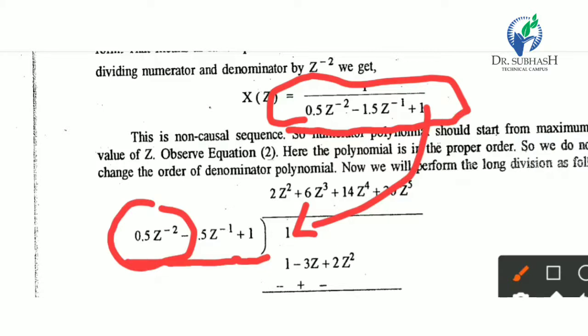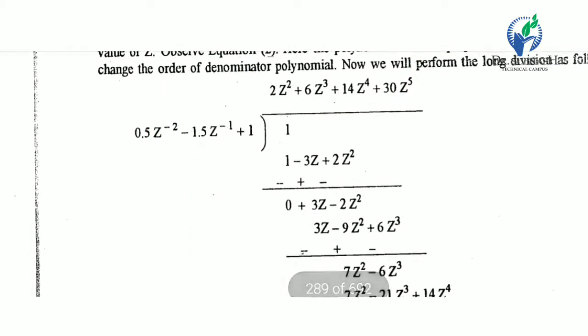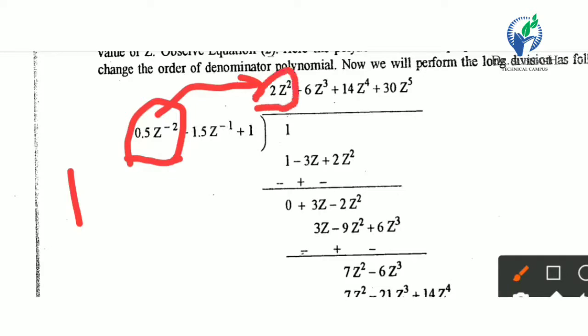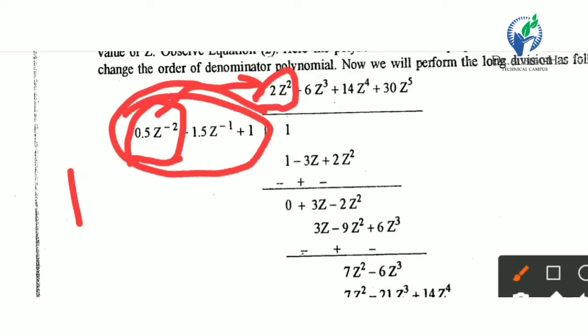So the first term 0.5 z^-2 becomes 1. So we have to multiply with 2z^2. So 2z^2 is multiplied with the whole equation.